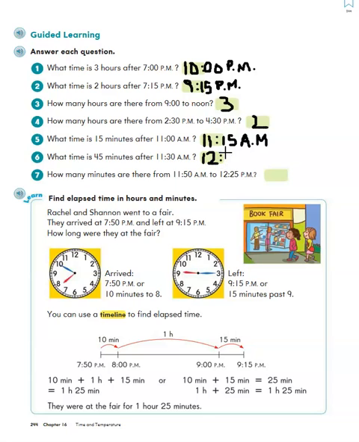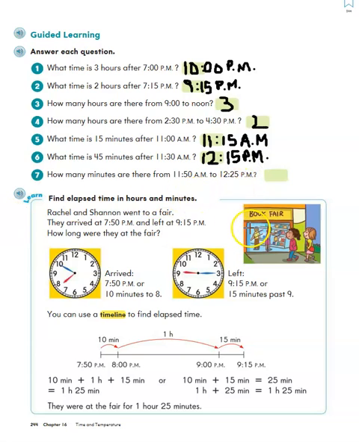Okay, because we know that 45 is 30 plus 15, so we got to 12:15. Since we started in the a.m. and we went past 12 o'clock, that means we went past noon, so it's now 12:15 p.m.